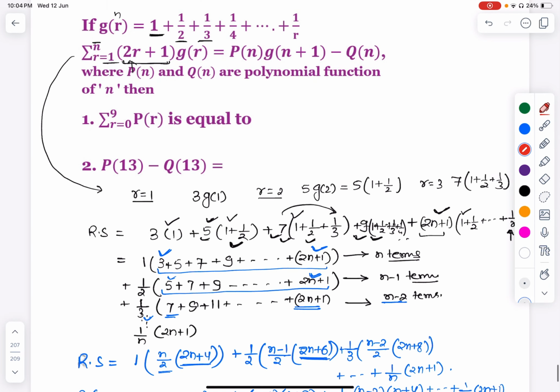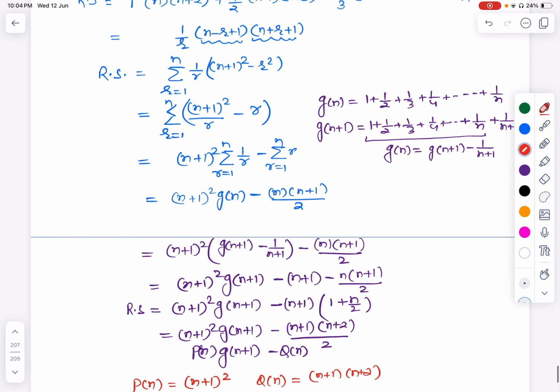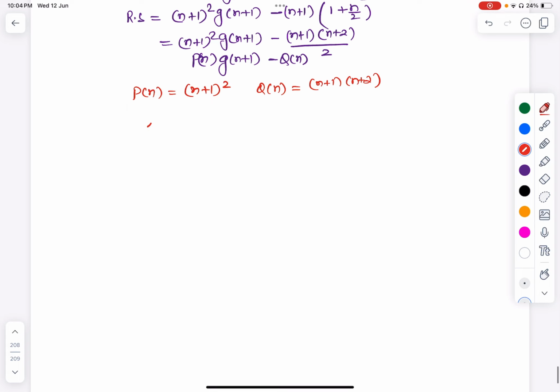They are asking summation of P of r where r is varying from 0 to 9. P of r is (r plus 1) whole square. So if we put r equal to 0, we are getting 1 square, then 2 square, up to when r value is 9, this is 10 square. This is the sum of the squares of the first 10 naturals.